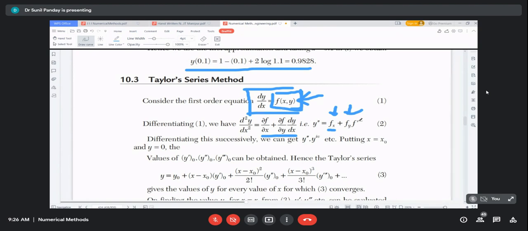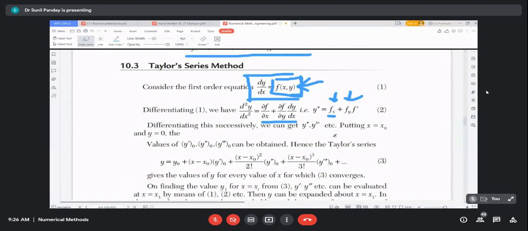So this f dash is wrong here. Like this, we can calculate second and third order derivatives from this equation, like d3y over dx3 can be calculated, and d4y over dx4 is also calculated from equation 1.